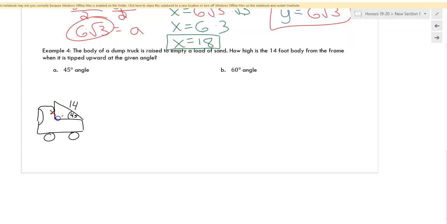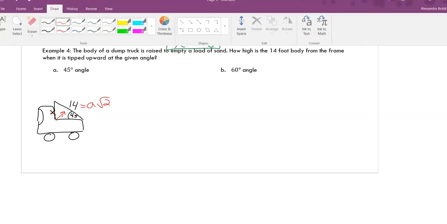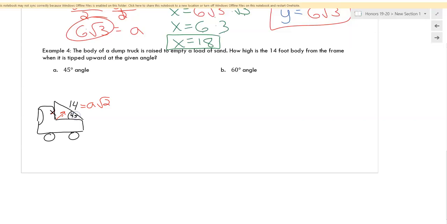So, again, across from our right angle for a 45, 45, 90 triangle is a root 2. Across from the 45-degree angle, right, is a. Okay.